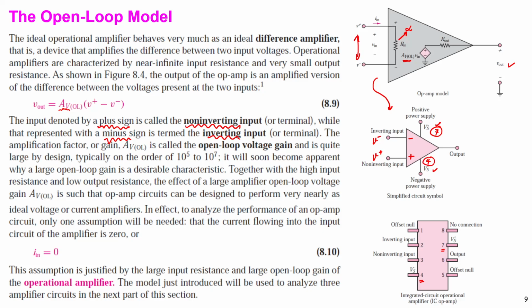So we supply positive and negative here, and then it will work. How it works is: whatever the voltage difference between these two pins, we get the output with the open loop gain.